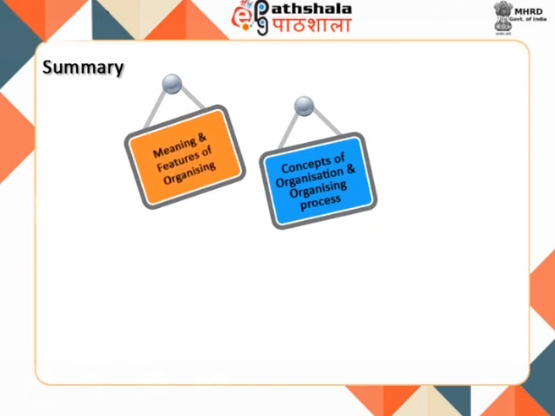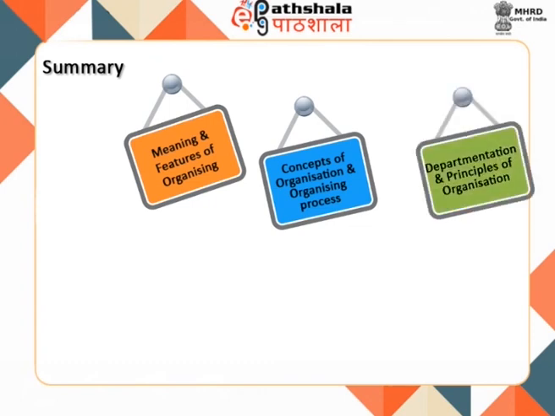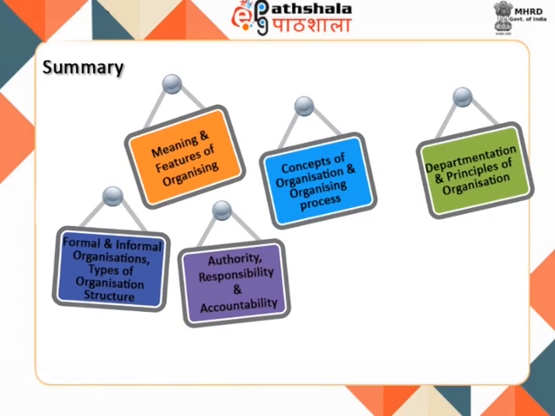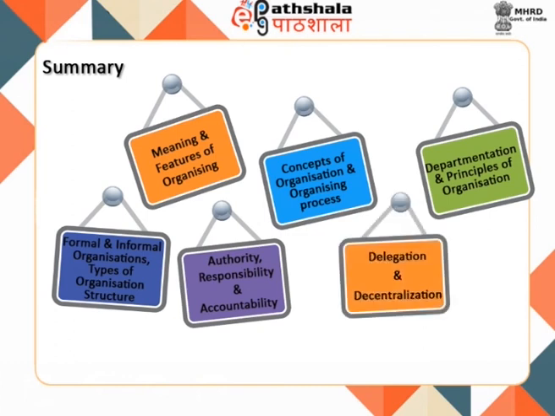We have also learnt about the concept of departmentation and its basis, the principles of organization. Further, we have discussed the formal and informal organizations, different types of organization structure, and the meaning of authority, responsibility, and accountability. And at the end of this module, we have discussed the concept of delegation and decentralization.